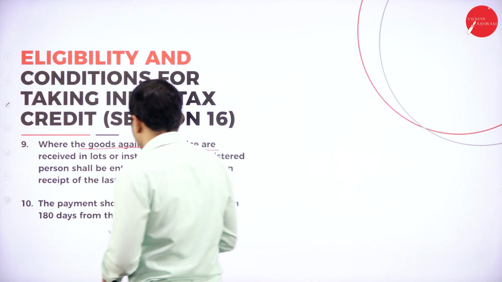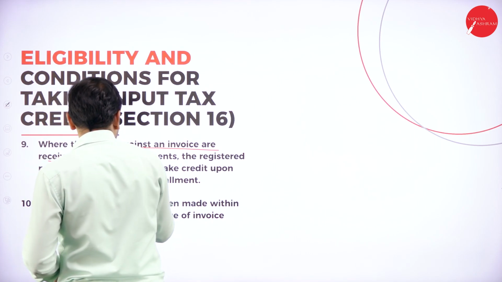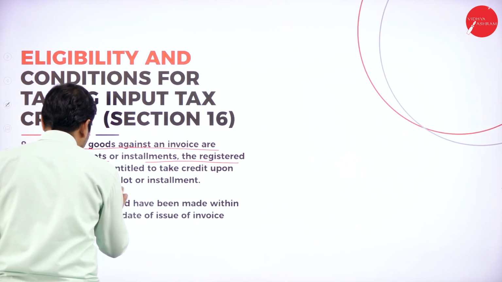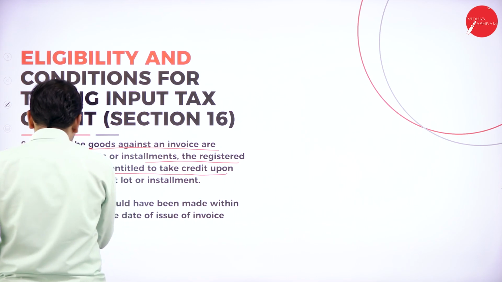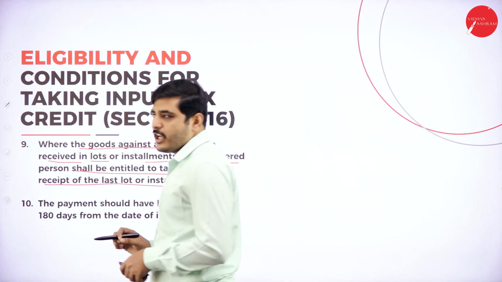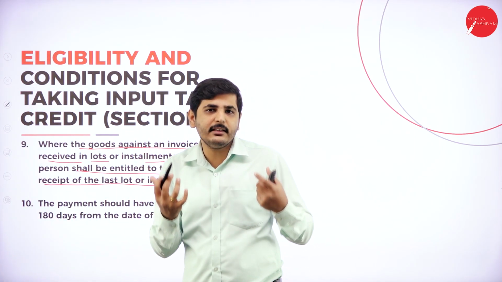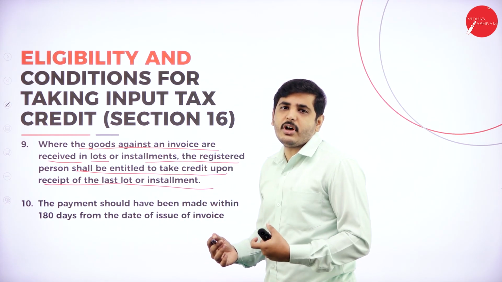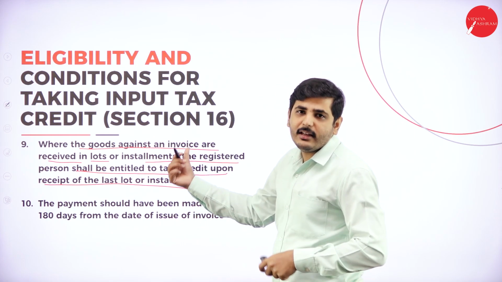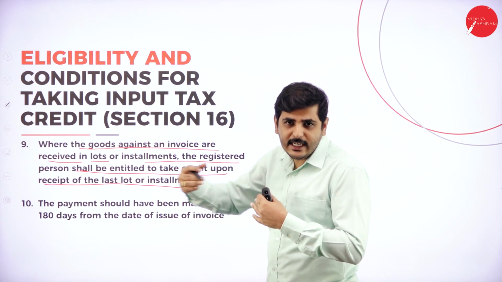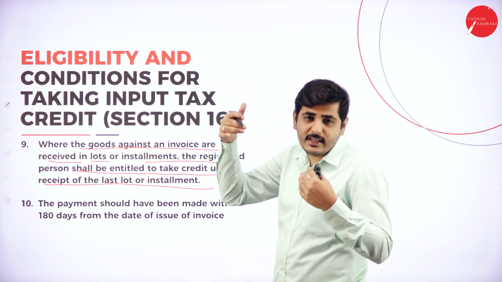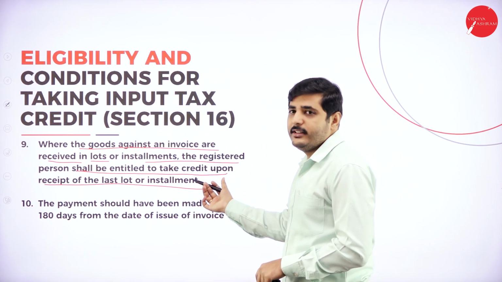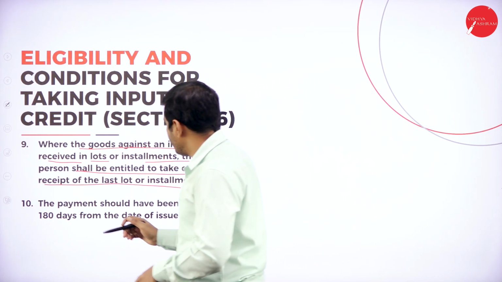Against an invoice received in lots or installments, the registered person shall be entitled to take credit upon receipt of the last lot or installment. Already explained. If we are receiving the goods in installments, once we get all the installments, then only we can claim the credit. Again, while sending the goods in installments, once we send all the goods, then only we can claim the input tax credit.